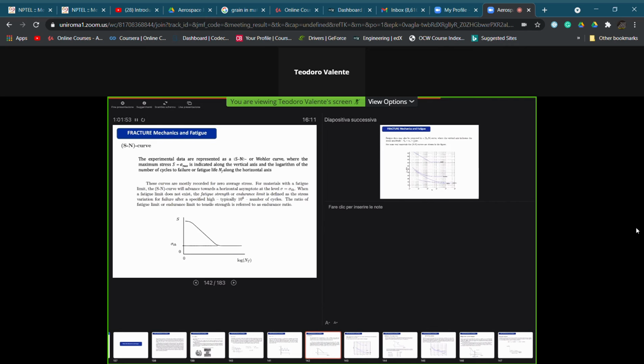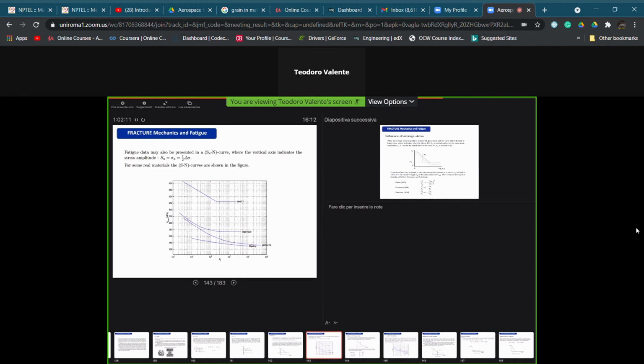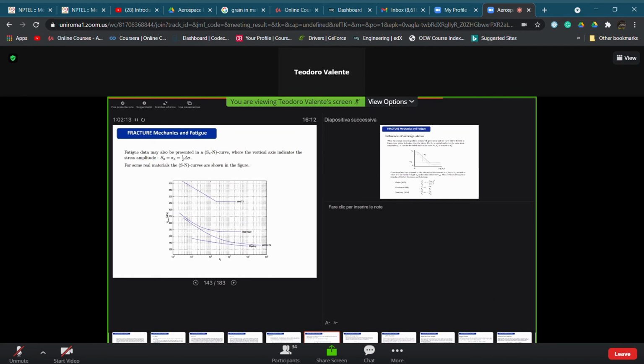I remember also that we have defined, as a macroscopic approach to fatigue, the stress-number of cycles diagrams, the so-called Wöhler curve or Wöhler diagram. Here you have some examples, for the steel and for the aluminium.